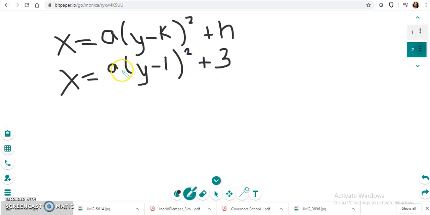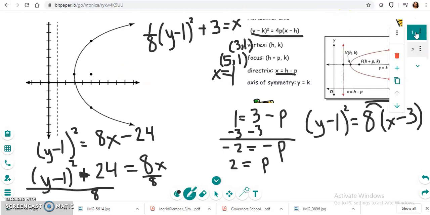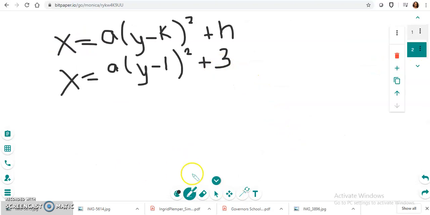The only problem this time is that we don't know what our a is, so we have to figure out what that a is. We can take any point we want on the parabola. I chose this point: count over 1, 2, 3, 4, 5, and it is up 1, 2, 3, 4, 5. So it's at (5, 5).